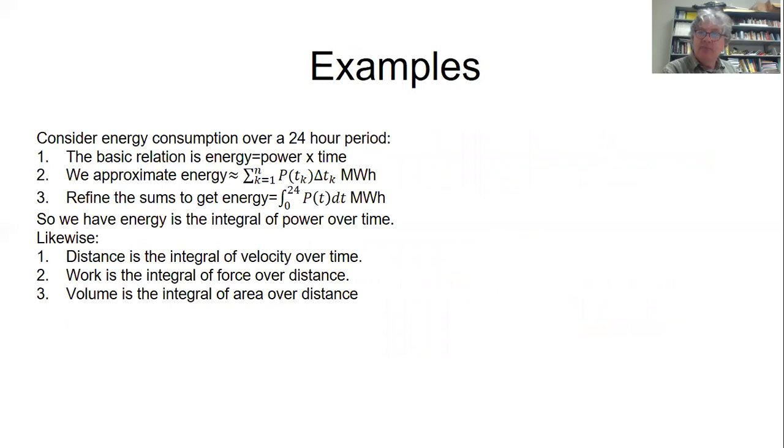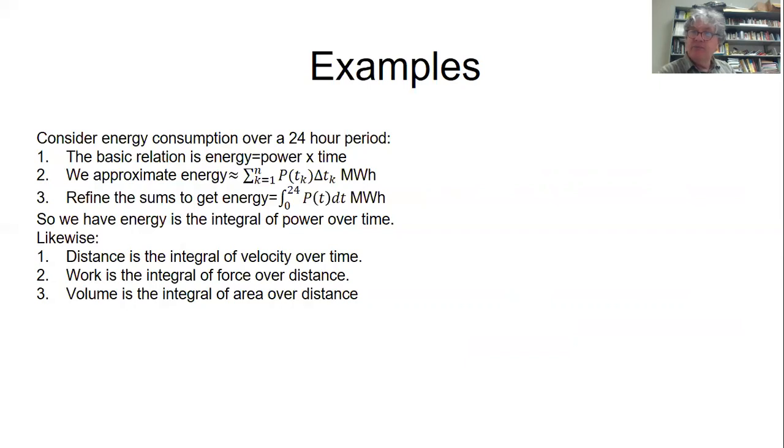We've seen examples over the last week or so. For example, when we looked at energy consumption, the basic relationship is energy equals power times time. That told us that a Riemann sum was a good way to estimate it, a sum of rectangles of height the power at a time, times a width, and the units are megawatt hours, because megawatts was the power unit and hours were the time unit.